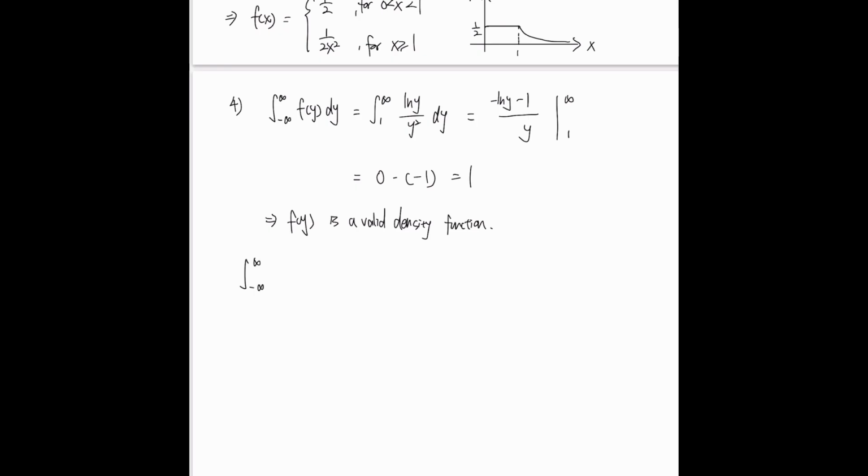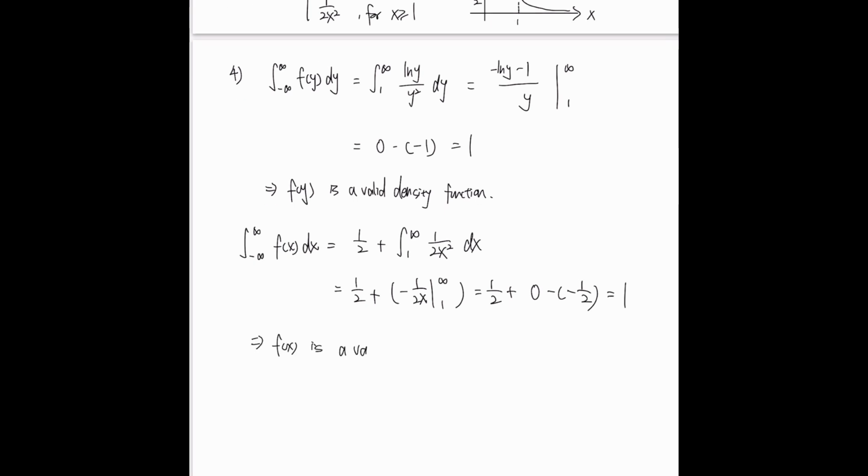The integral of f of x dx equals 1/2 plus the integral from 1 to infinity of 1 over 2x squared dx, equals 1/2 plus negative 1 over 2x from 1 to infinity, equals 1/2 plus 0 minus negative 1/2, equals 1. So f of x is a valid density function.